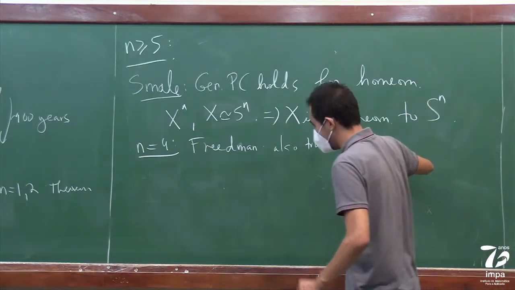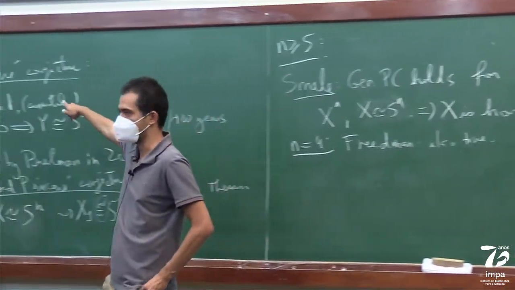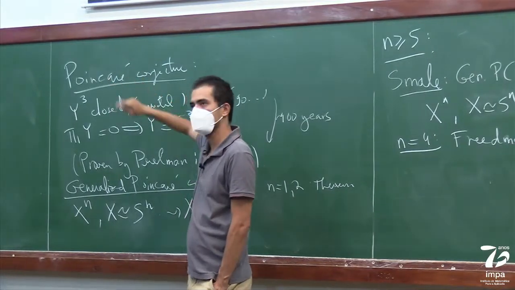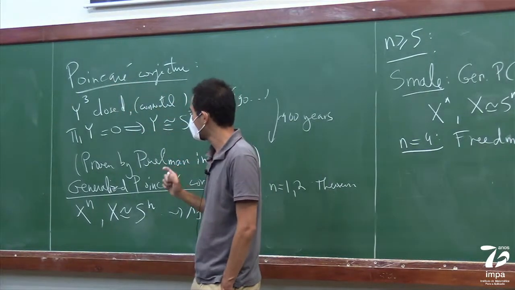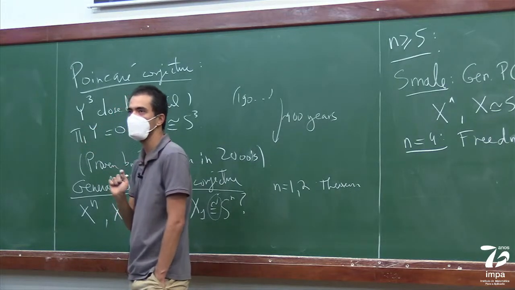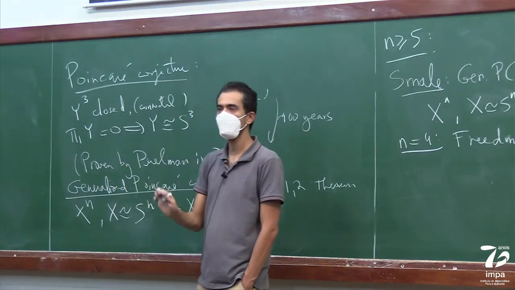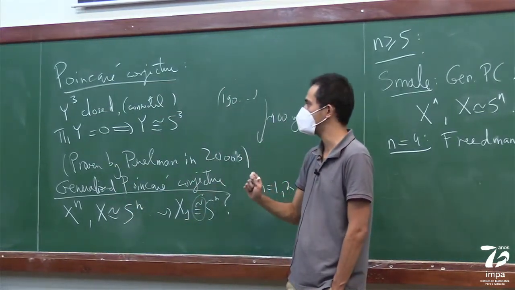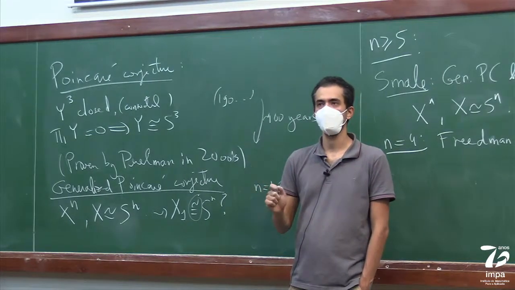What I wanted to say is, if you try to prove the Poincare conjecture in dimension 3, the original Poincare conjecture, you are led to say if pi1 of Y is 0, if your manifold is simply connected, then it implies that it has to be homotopy equivalent to the 3 sphere.